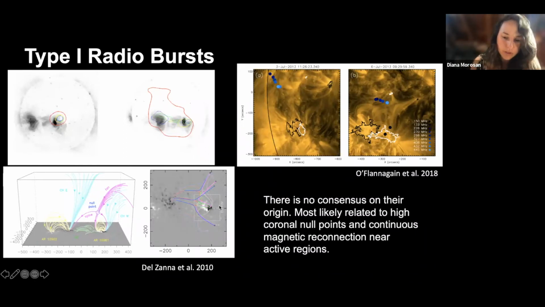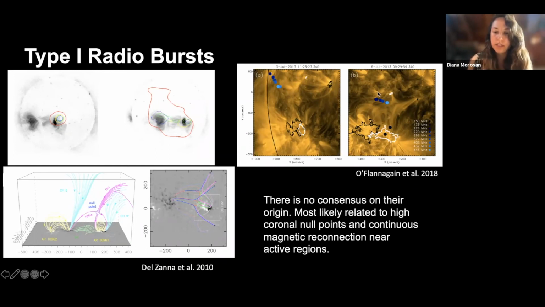In this particular study, they suggested that the closed loops from the active region can continuously reconnect with open field lines from neighboring regions. So these field lines are open and these are closed. They produce a null point and you get the possibility of continuous magnetic reconnection there.